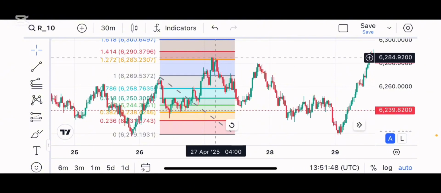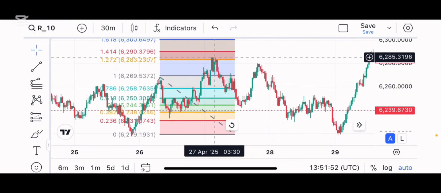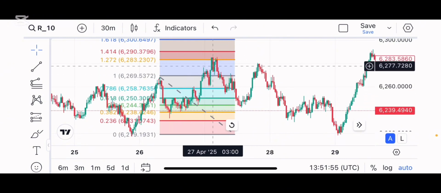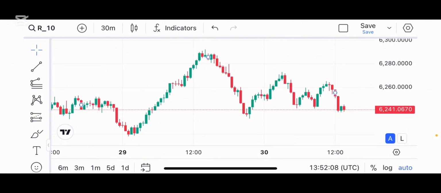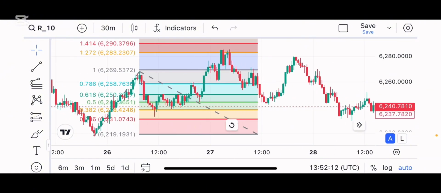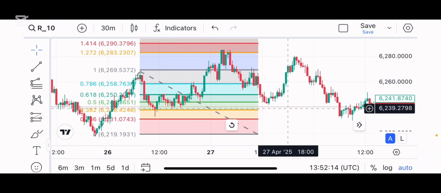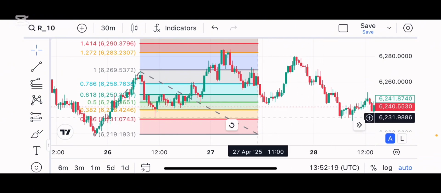Now what we can see is that the price is coming down. What we said is that this last leg, we are going to validate it by using a retracement, and we'll be looking for very good buys when the price gets to our 78.6 retracement.